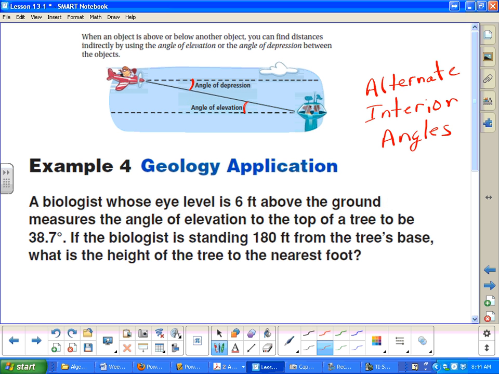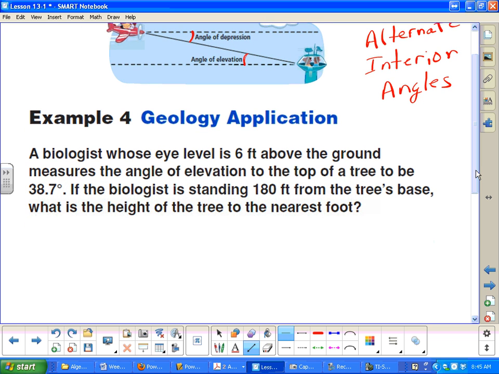They're alternate interior angles because those two dotted lines are parallel, and they're on opposite sides of the transversal, so they're equal. But the difference is just what is angle of depression and what is angle of elevation.